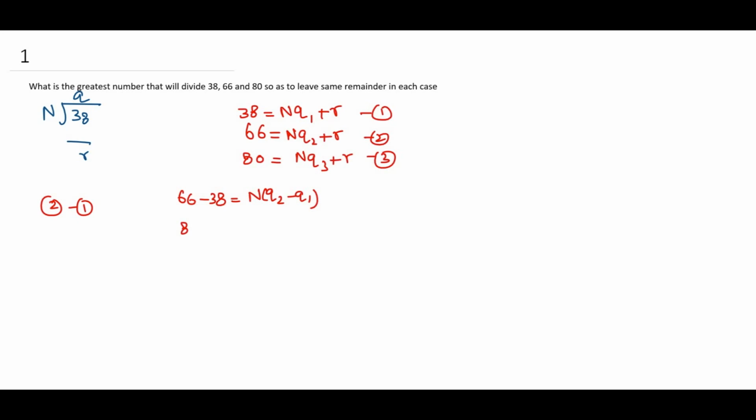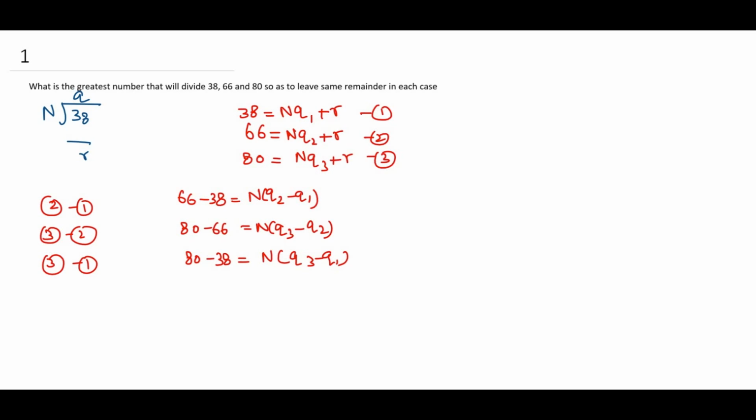Similarly, 80 minus 66 is equal to N times (Q3 minus Q2), and similarly 80 minus 38 can be written as N times (Q3 minus Q1). This is subtracting 2 from equation 3, and this is subtracting 1 from equation 3.